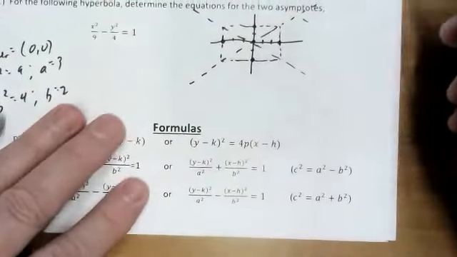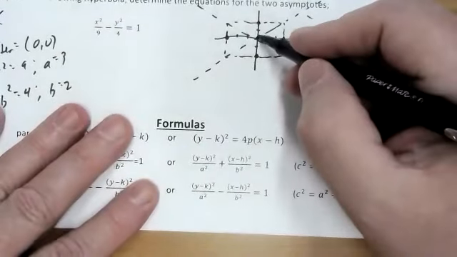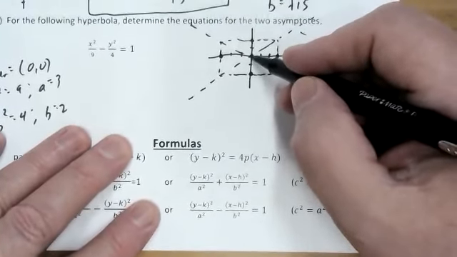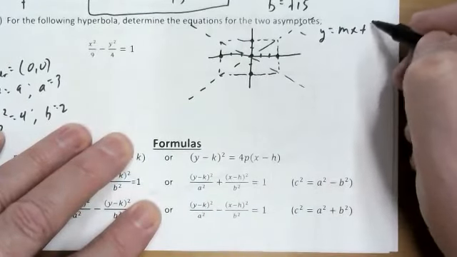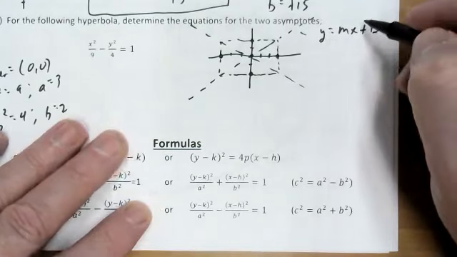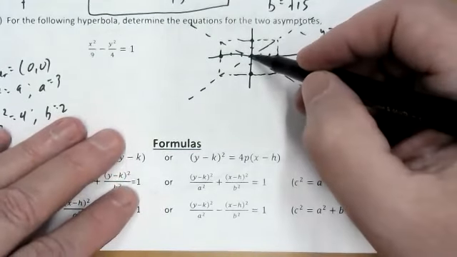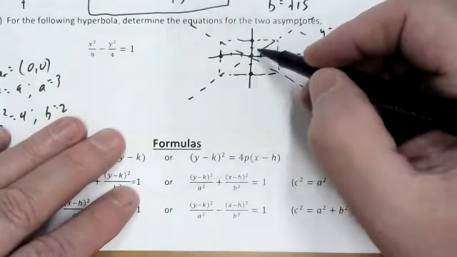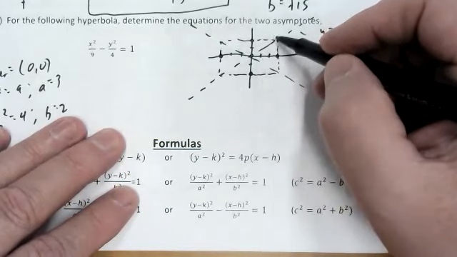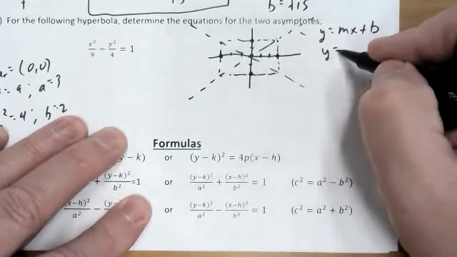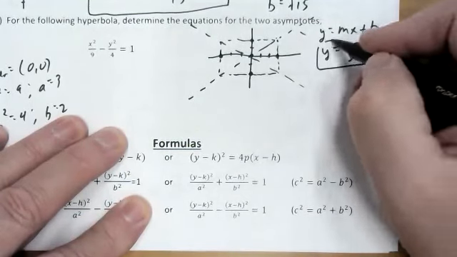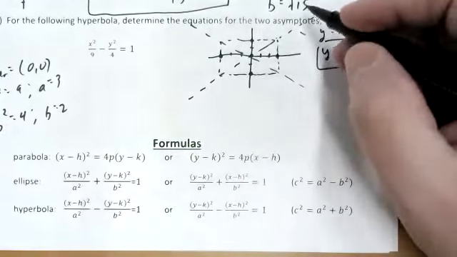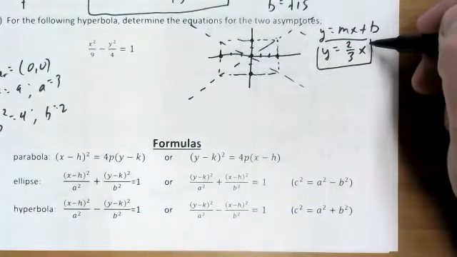So for this one, the nice thing is the line goes through the origin. So the y-intercept, the b, is 0. The slope here, I'm going to go from here to here, up 2 and over 3. Looks like the equation for this asymptote is y equals 2/3 x.